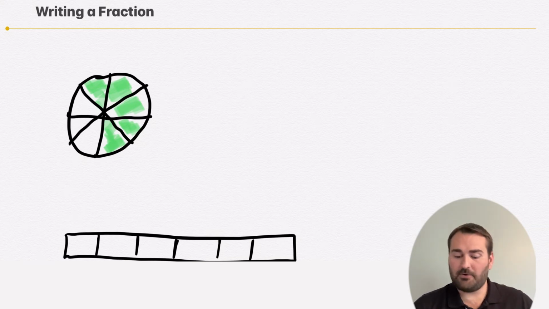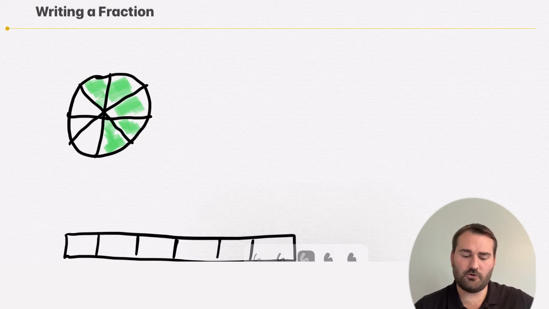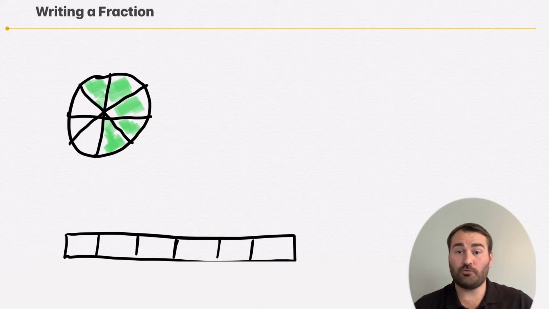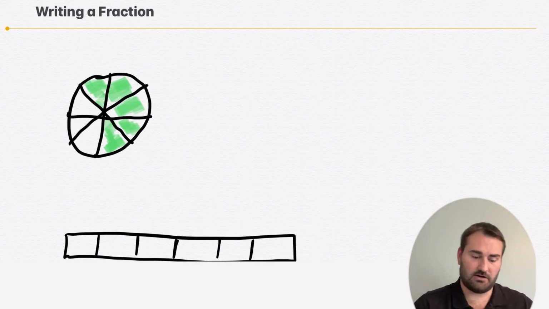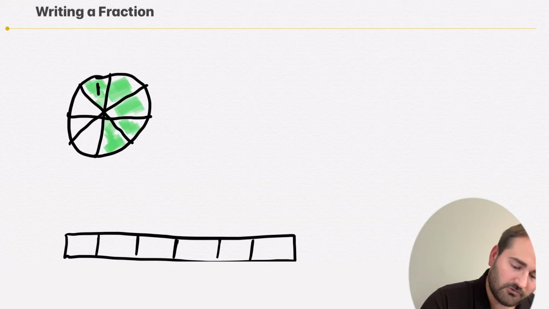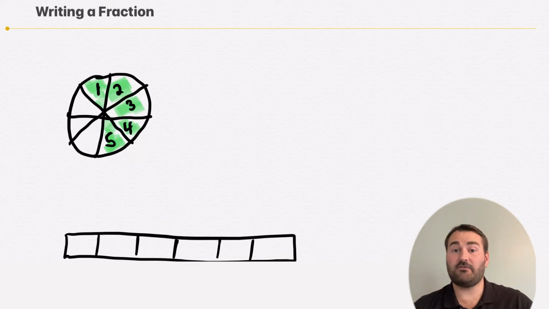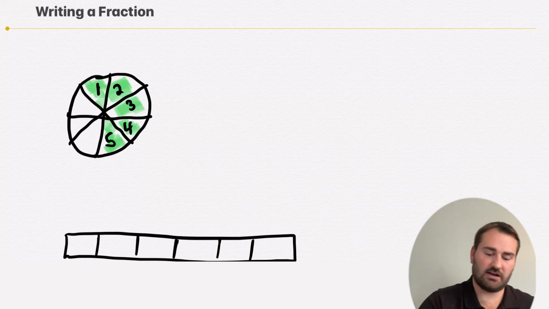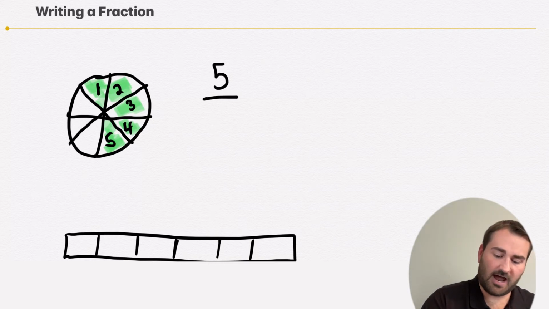We can go with the numerator this time. Let's start with the numerator. How do we find the numerator? Well, the numerator is how many pieces are shaded. So we look, 1, 2, 3, 4, 5. We have 5 parts that are shaded in. So 5 goes on top.